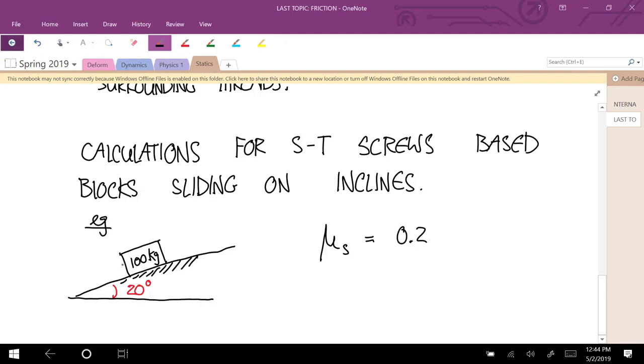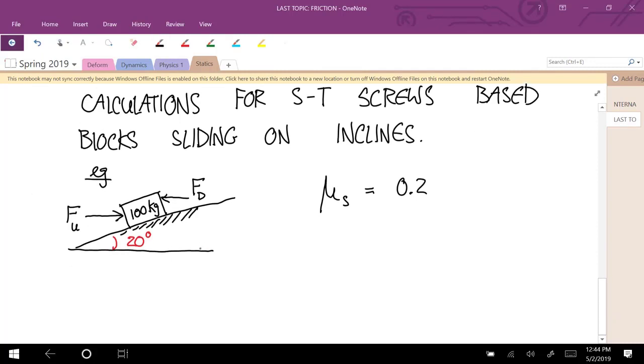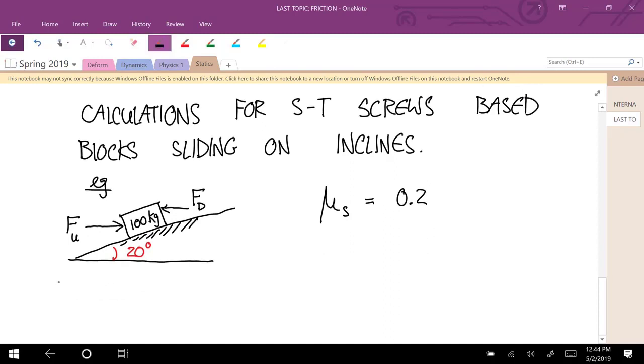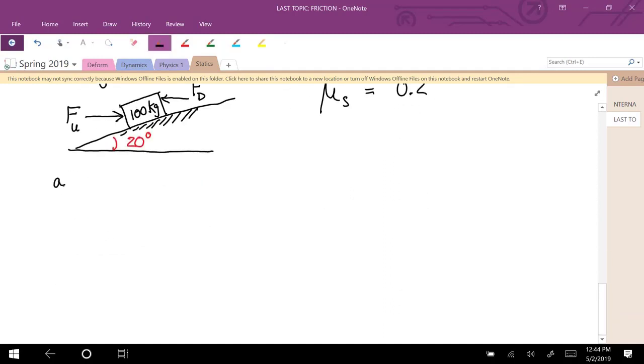And let's think of a force going this way. I'll call this the force up, FU. And then let's think of a force going this way, FD. And we want to calculate two things. What's the required FU to get this to slide up the ramp?